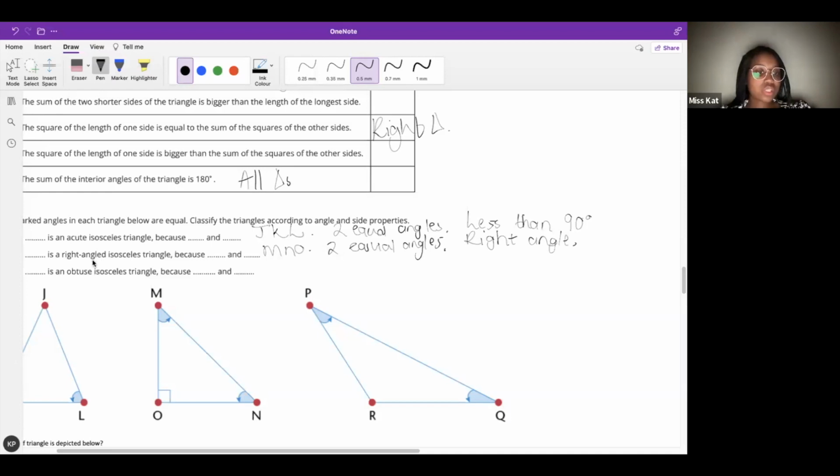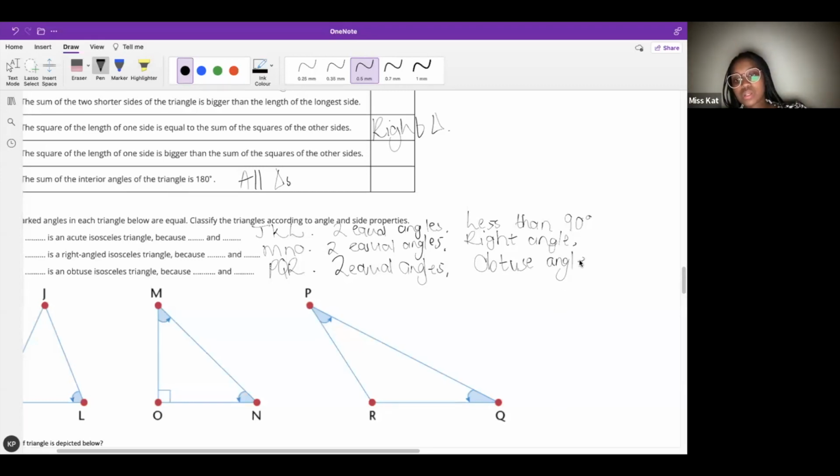You see it says here, right angled isosceles triangle. Okay. Thank you. Buena says, because R is the obtuse angle. So PQR is an obtuse isosceles because again, we have two equal angles and we have an obtuse angle.